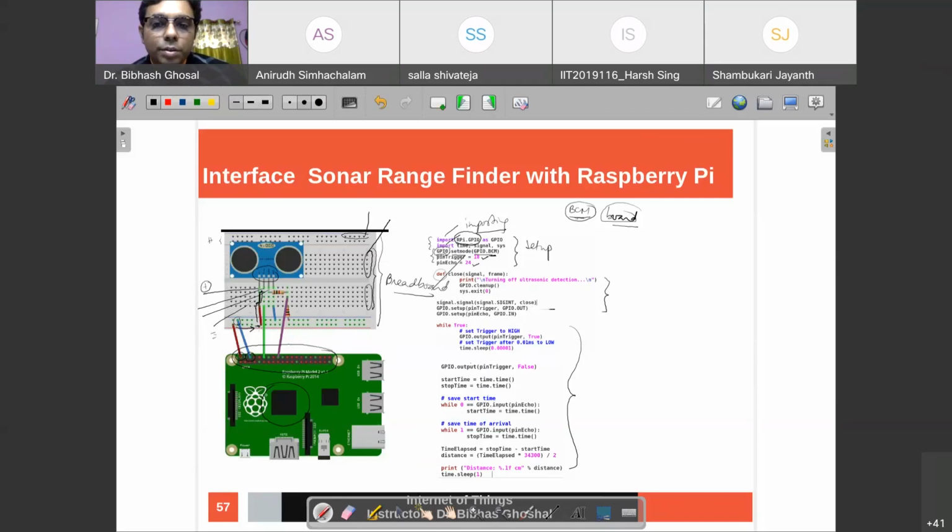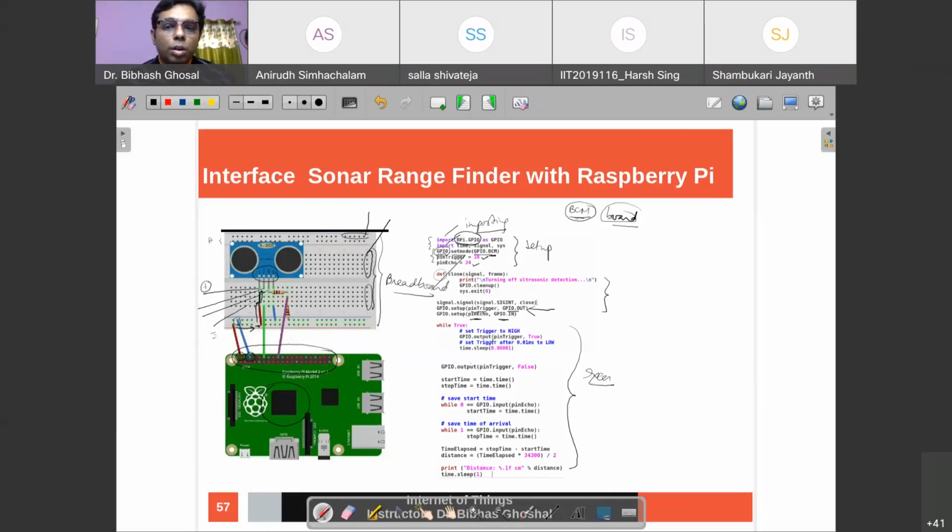In these two lines, I'm using GPIO.setup and mentioning that the pin trigger, which I have defined here, is an output pin, and pin echo is an input pin. So the basic things you have to do: import the libraries, set the mode, define the pin numbers, mention the ports as output or input, and now goes the execution.